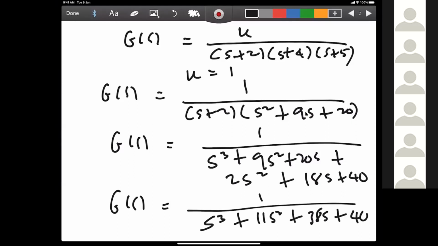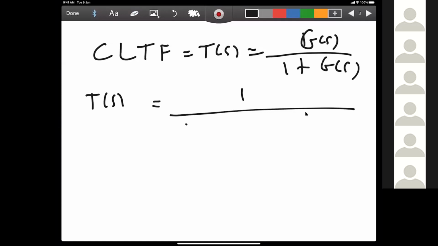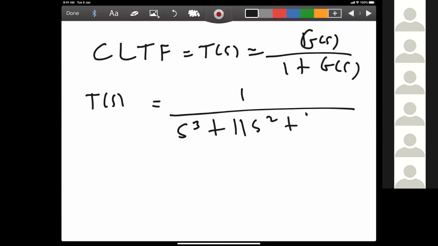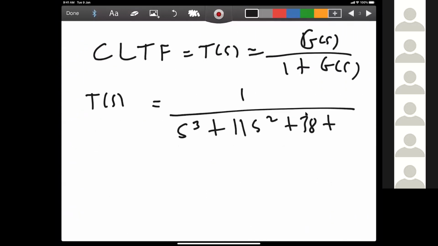So next page. The closed loop transfer function is G(s) over 1 plus G(s). The denominator becomes s cubed plus 11s squared plus 38s plus 40 plus 1, so 40 plus 1 becomes 41.